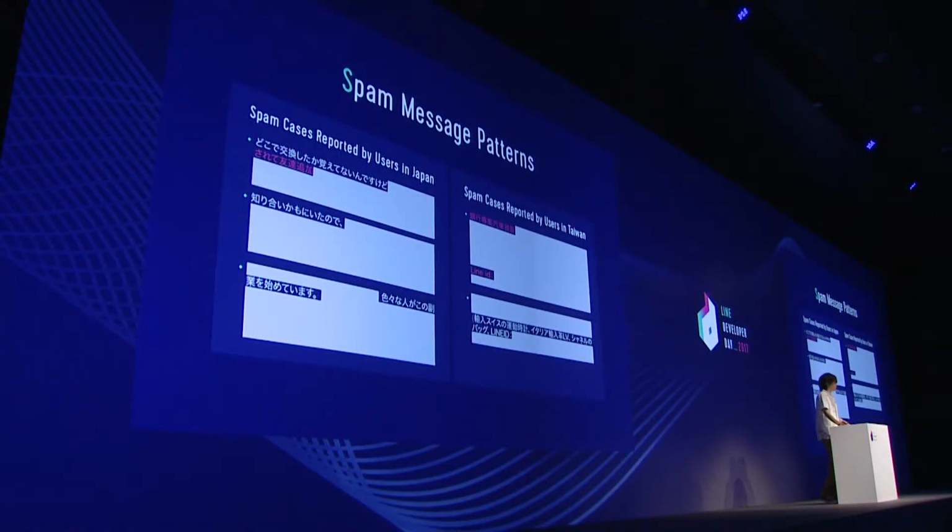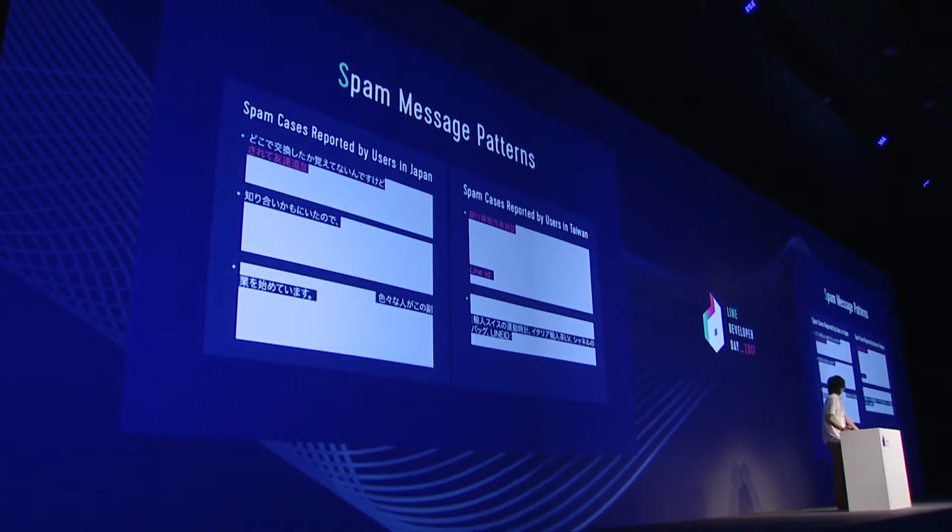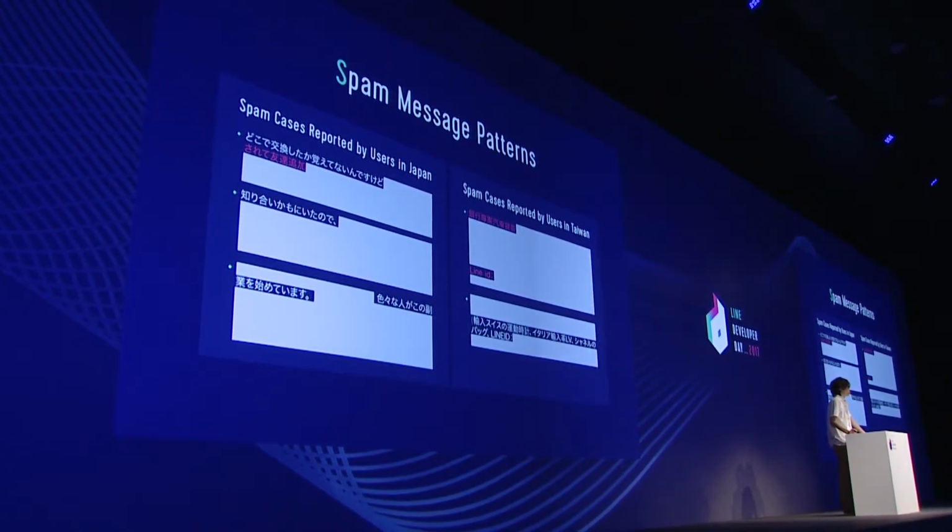Here are the typical patterns of spam messages. Some of these messages are obscured. Depending on the country, there are different trends of spam messages. For example, in Japan, it's mostly solicitation for dating sites, and the spams are sent via friend request.